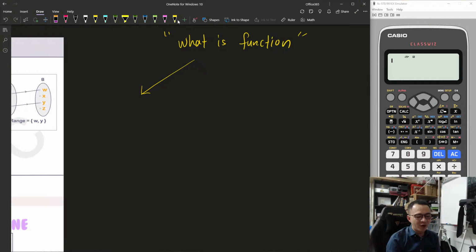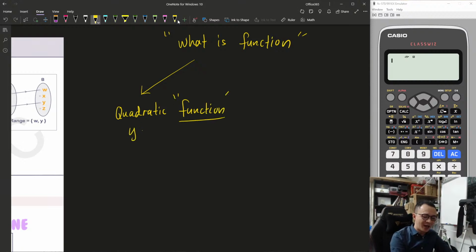So whenever we call it a function in equation terms, let's say, I think you heard about quadratic function. When we call it quadratic function, do you see the word function? It means y equals ax squared plus bx plus c. I'm not sure you heard about linear function.